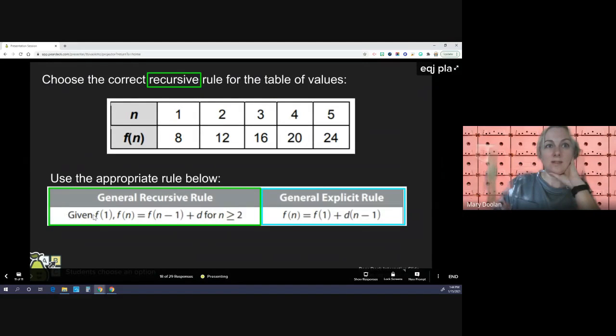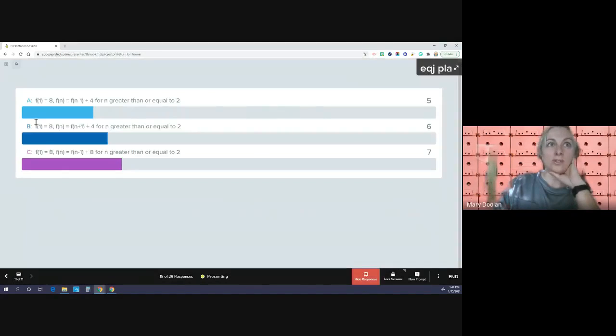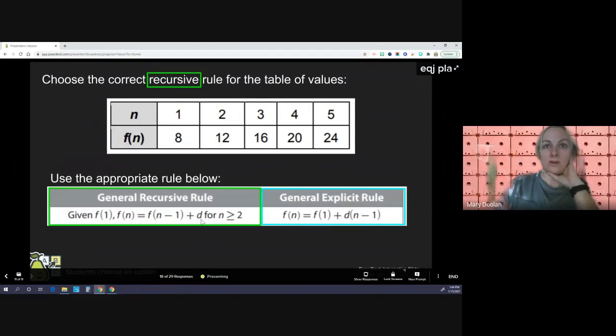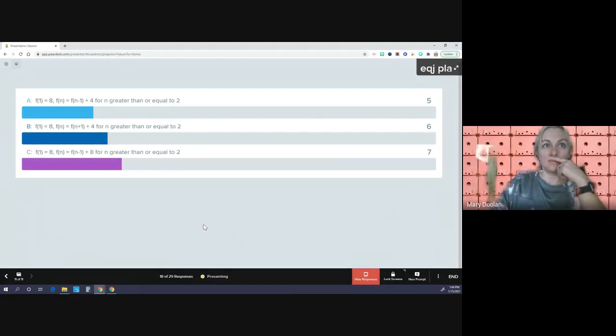So given f of 1 equals 8, I really didn't give you much ability to eliminate any answers here because all of them start with f of 1 equals 8, right? But the difference that we add is still 4 because we're adding 4 each time in the sequence. So it can't be C because we're not adding 8. It's either A or B.